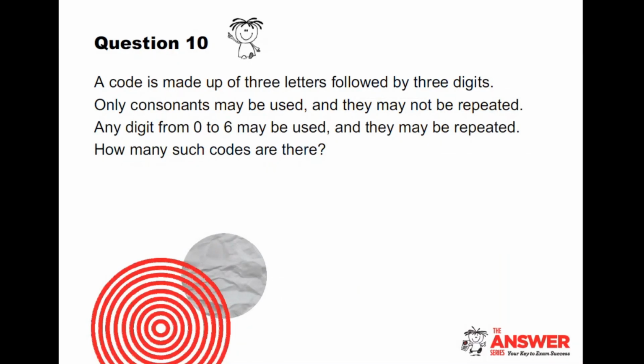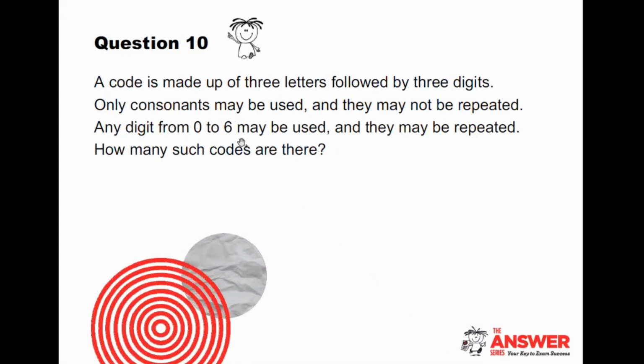So we need to make our learners know that the alphabet we're dealing with is basically A to Z, where there are 21 consonants and 5 vowels. They need to know that the vowels are A, E, I, O, U, because that's going to come into questions as well. So only consonants may be used and they may not be repeated.